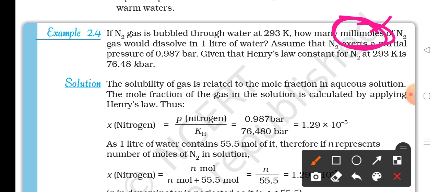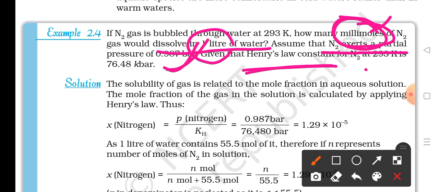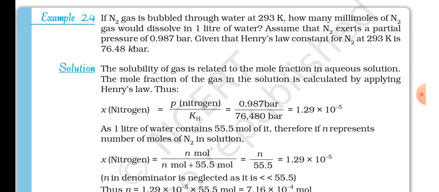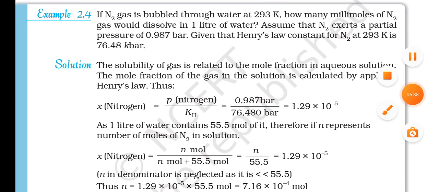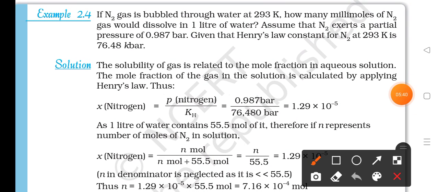Then we dissolve 1 liter of water, and here it is given that the water is 1 liter, and assume it exerts a partial pressure. The partial pressure value is given, and the Henry's law constant is also given. To calculate the moles, first of all we know the P value and K_H value, so we can calculate X very easily from here.